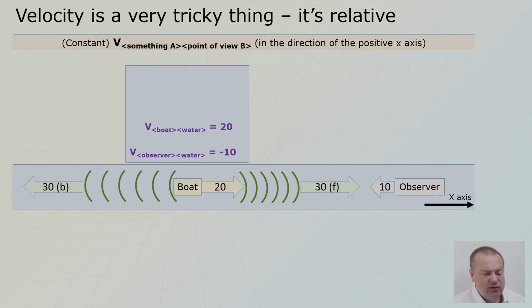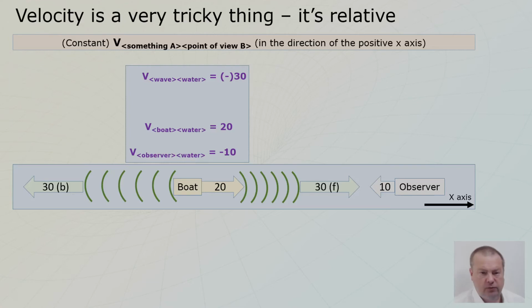This is not really intuitive, but the waves on the back of the boat also travel at 30 meters per second relative to the water. Think about this. The waves are circular, they keep circular, so the velocity of the wave, I should say, is the same everywhere on the wave, 30 meters per second relative to the water. So we say the velocity of the wave relative to the water is 30.